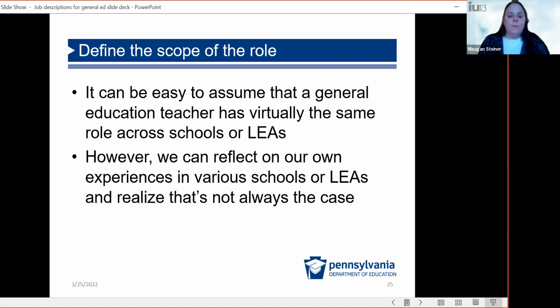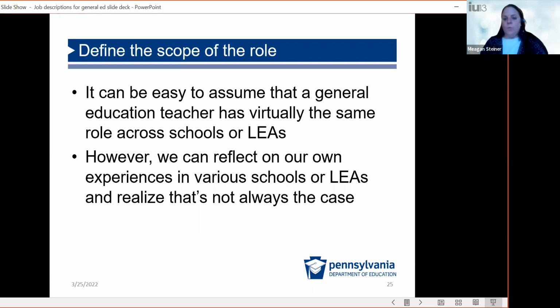So defining the scope of the role, it can be easy to assume that a general education teacher has virtually the same role across schools or across LEAs, but we can likely reflect on our own experiences in various schools or districts and realize that's not always the case. For example, one of the job descriptions that was linked to was for an elementary lead teacher.